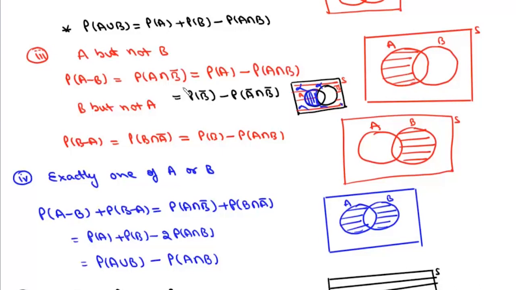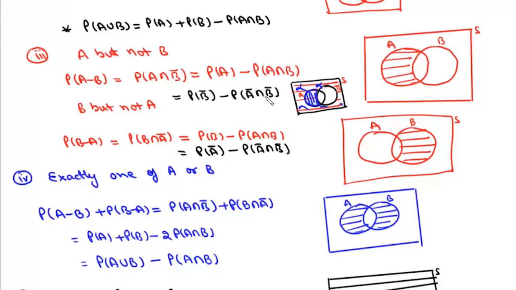So we can also write A intersection B naught as P(B naught) minus P(A naught intersection B naught). In the same way we can write B intersection A naught as probability of A naught minus probability of A naught intersection B naught. So we can write it in terms of A and A intersection B. We can also write it in terms of B naught and A naught intersection B naught.